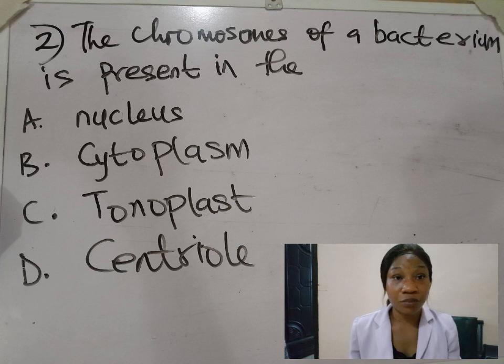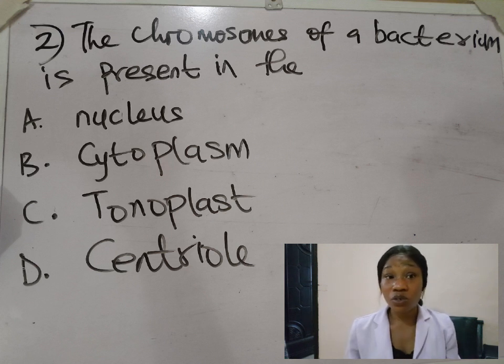It is therefore a prokaryote. So the bacterial cell, bacterium is one, bacteria is many. Now the bacterial cell has what we call a chromosome, but because it's not a true cell, this chromosome is not found inside a nucleus because the bacterium does not have a nucleus.